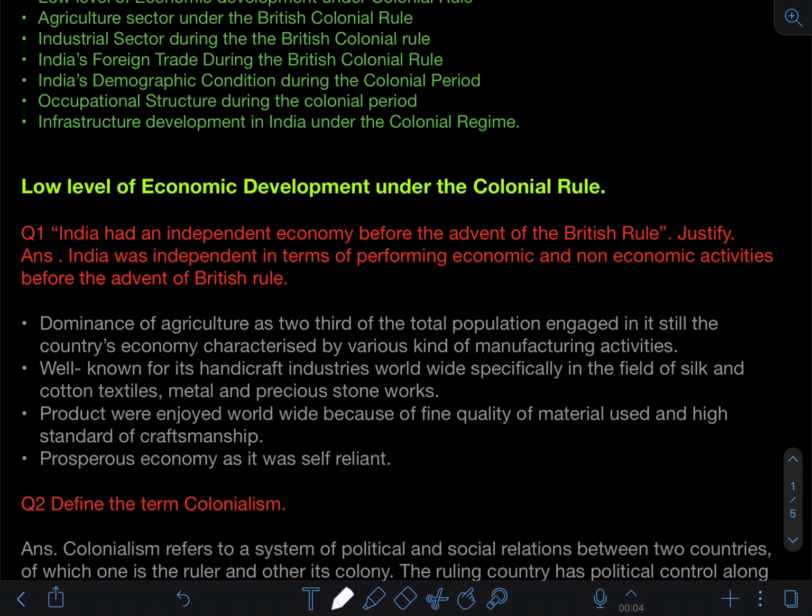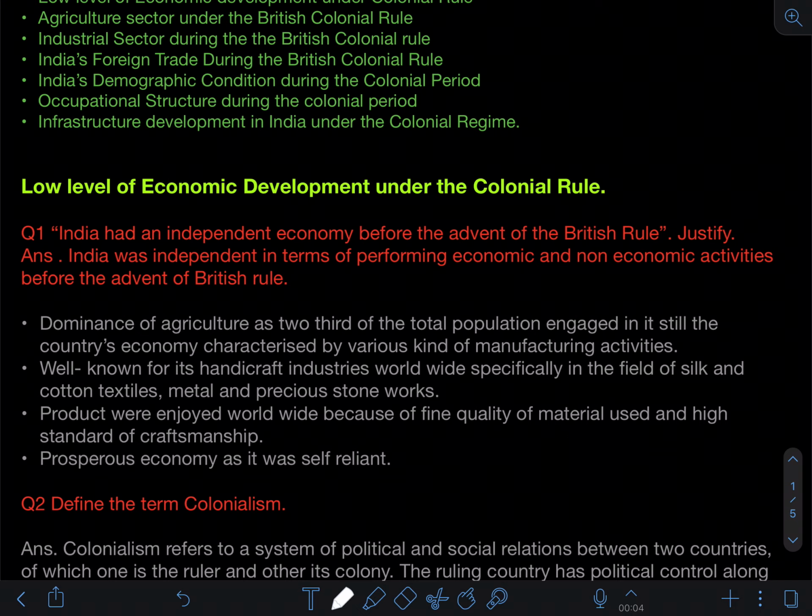Why was the demand for handicraft so high even at that point of time? Because of two reasons: we were serving very fine quality of material, and a high standard of craftsmanship was there. The kind of work presented by the craftsmen of India was very great. That is why the demand was quite high.